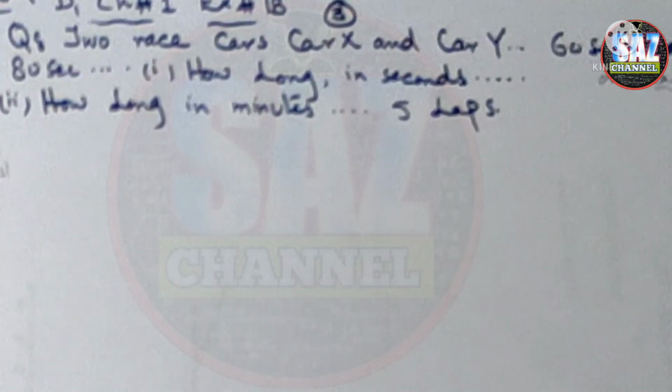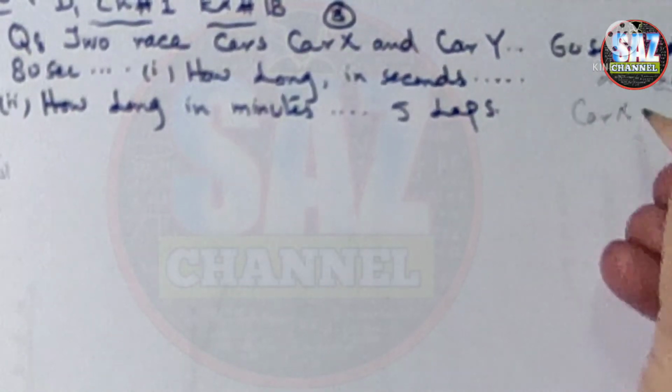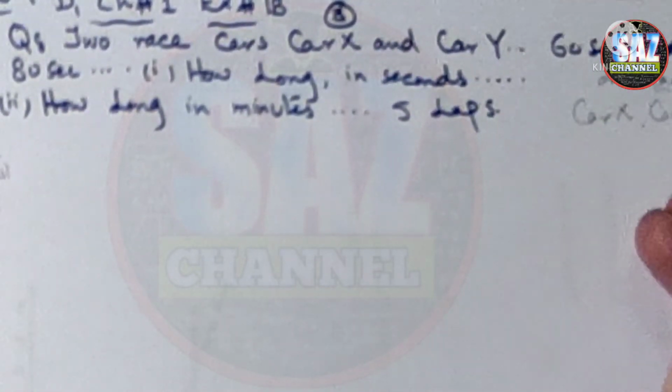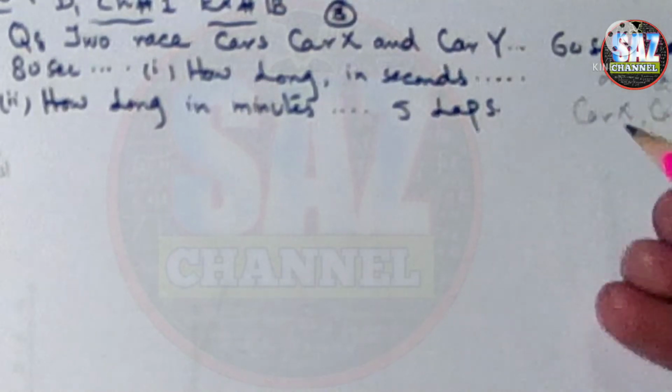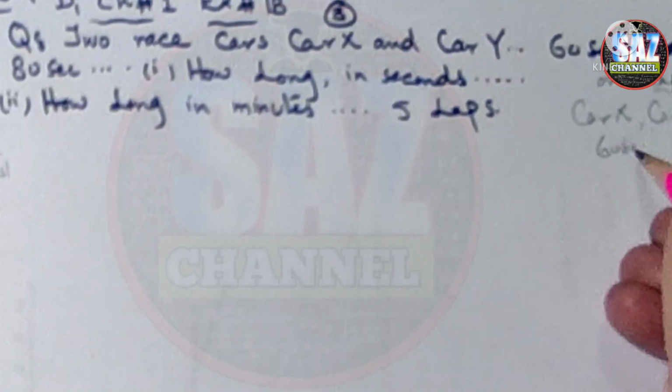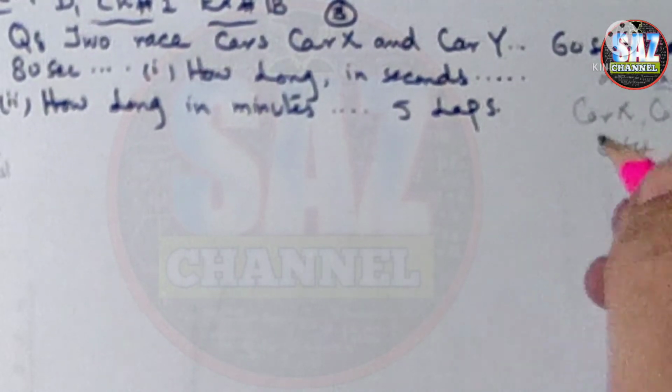Now we have two cars, car X and car Y, at the same point of a 2 kilometers track at the same time. Car X makes one lap every 60 seconds, and car Y takes 80 seconds to complete one lap.